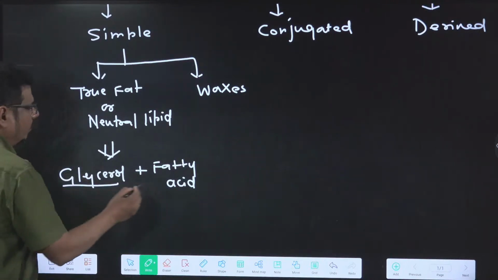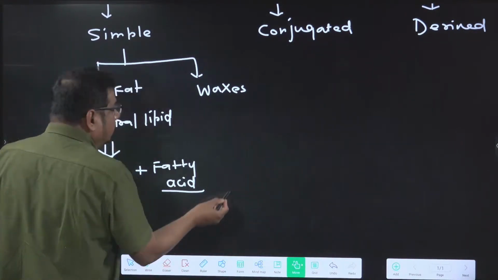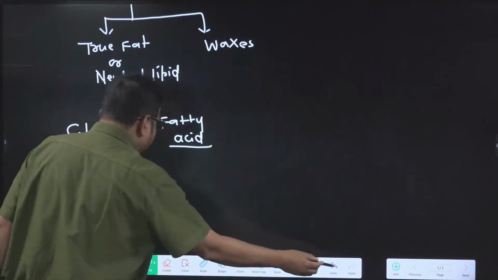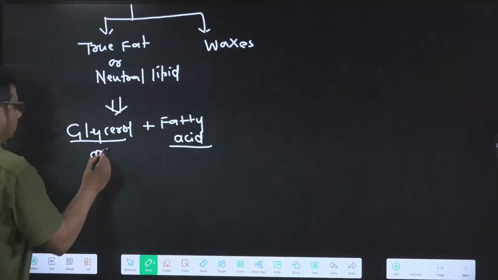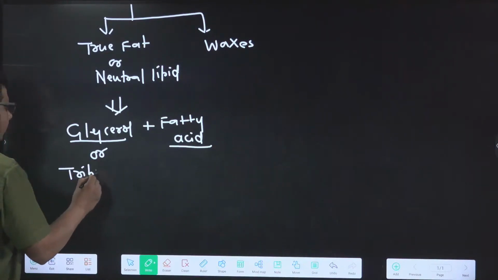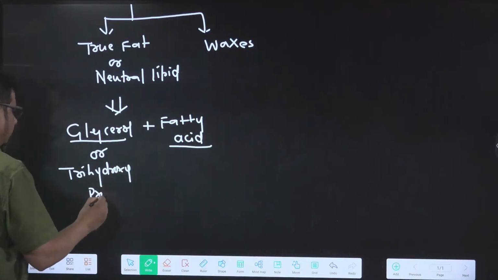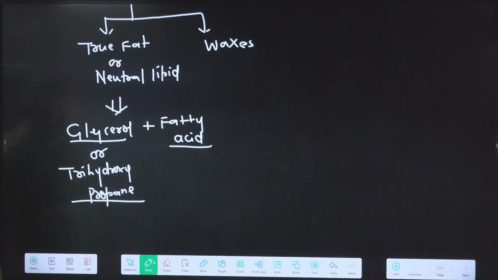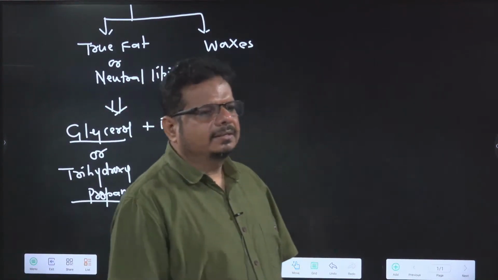Made up of 2 components, glycerol and fatty acid. Clear? Glycerol is also called trihydroxypropane. This is alcohol. Glycerol is an alcohol basically. We just started. Getting the idea?